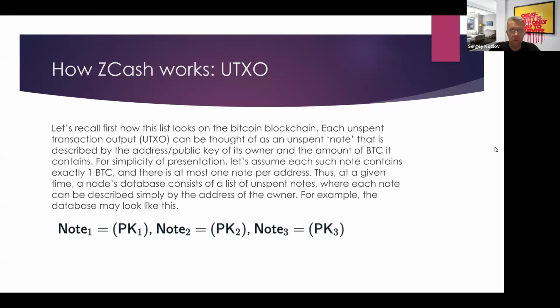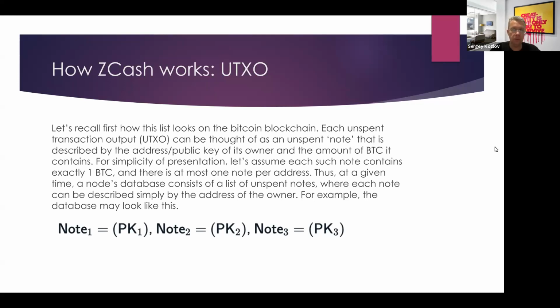We say that if public key 1, PK1, is on the blockchain, it means that PK1 owns one Bitcoin. PK2 also owns one Bitcoin. PK3 owns one Bitcoin. So in total, in our blockchain, we have 3 Bitcoins owned by the owners of public key first, public key second, and public key third.